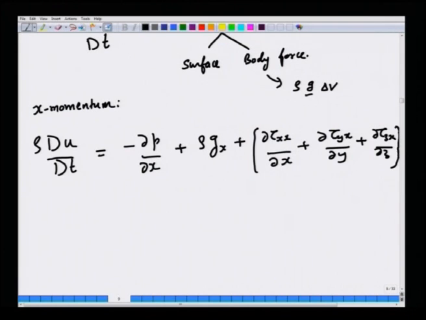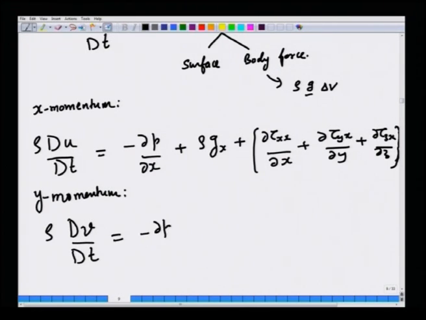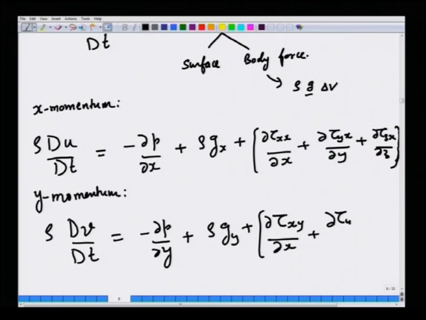Similarly, you have the y component of the momentum equation: rho times the substantial derivative of v with respect to time is minus partial p partial y plus rho g y plus partial tau x y by partial x plus partial tau y y by partial y plus partial tau z y by partial z.